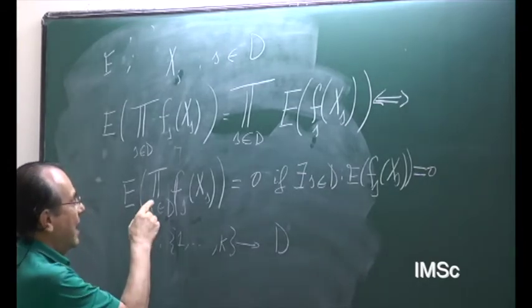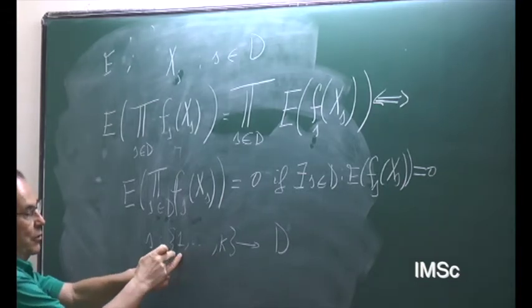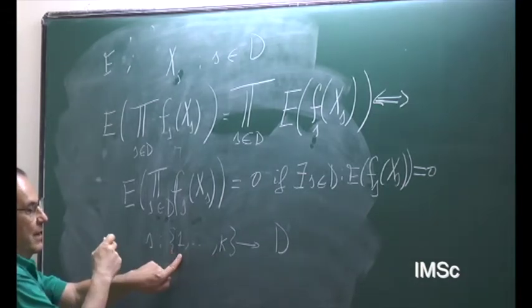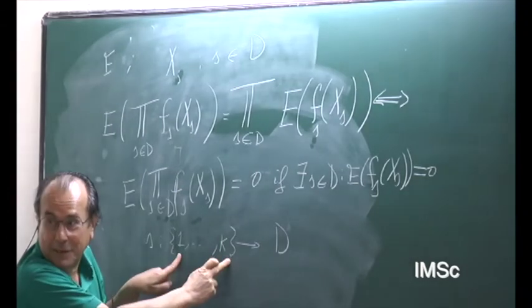And I will have a non-commutative product, for example, in the order from left to right according to the increasing order of the natural integers.